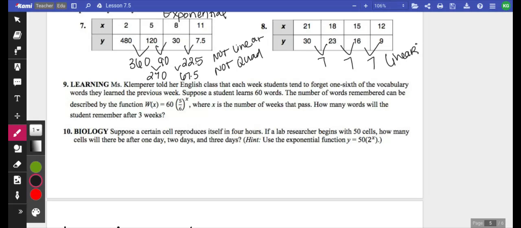How many words will the student remember after 3 weeks? So we have 60 times 5/6 to the third power, which is about 34 words, because I got 34.7, but I can't put 0.7 of a word, so I'm just going to put it as 34.